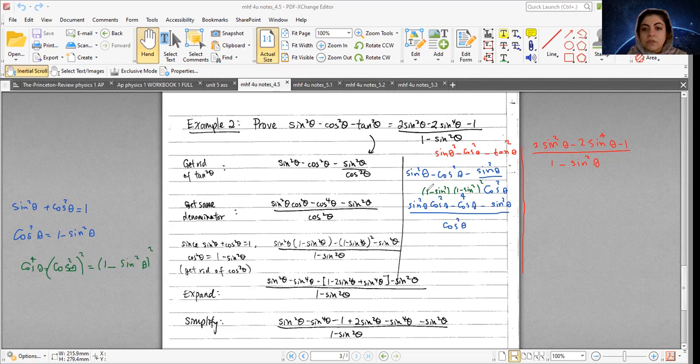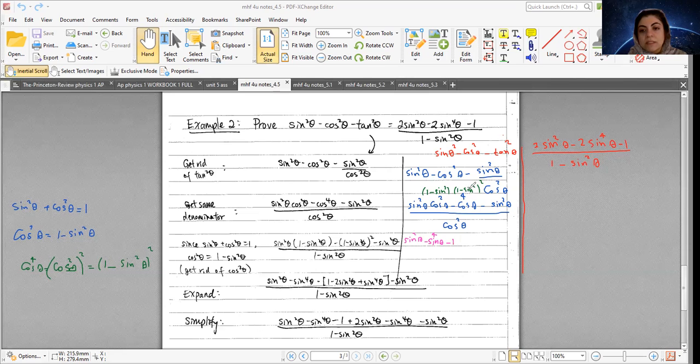So sine power 2 multiplied by 1 is sine power 2. Sine power 2 multiplied by negative sine power 2 is negative sine power 4 theta. Now, this one power 2 is the first one power 2, and I have a negative 1 power 2 multiplied by negative at the behind is negative 1.